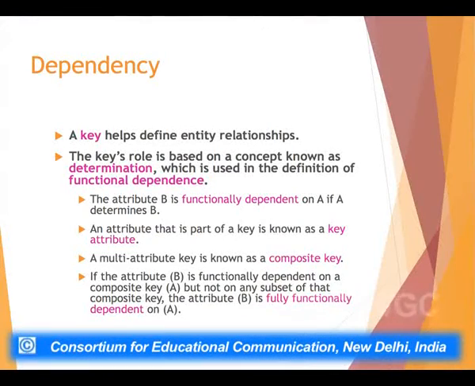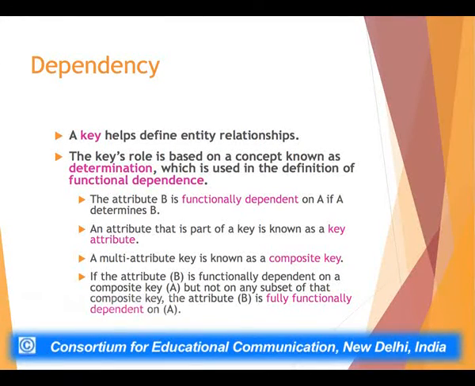Now, dependency is another very crucial concept related to relational database systems. This is related to keys. A key helps define entity relationships. The key's role is based on the concept known as determination, which is used in the definition of functional dependency.